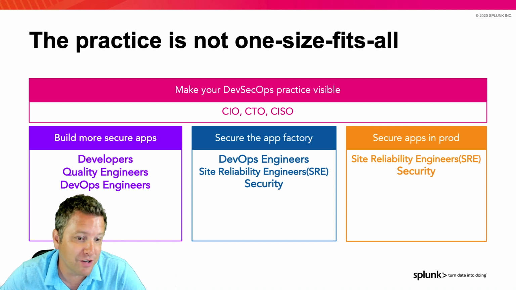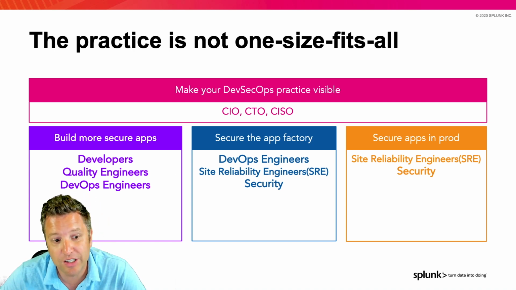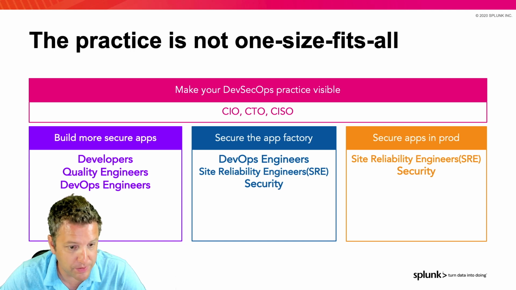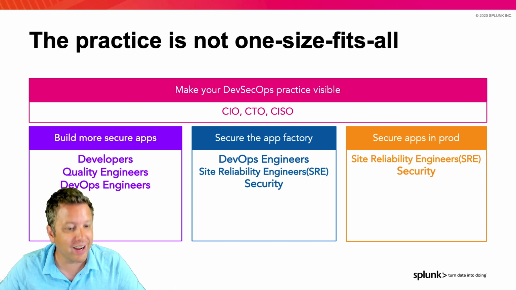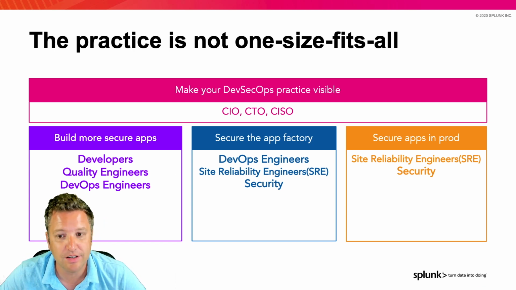Next, you have securing the software factory. Securing the software factory generally is driven by the DevOps engineers. That's the way it is for many aspects inside of Splunk. But you will also see site reliability engineers getting involved because they are more and more involved in the understanding of the CI/CD process.